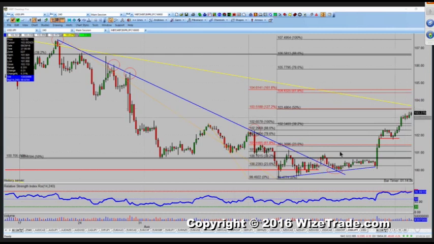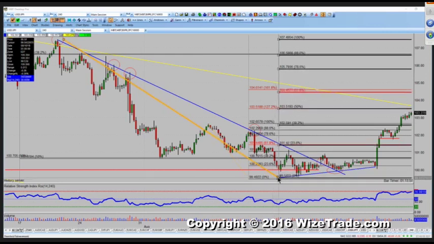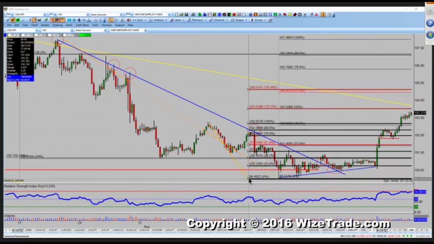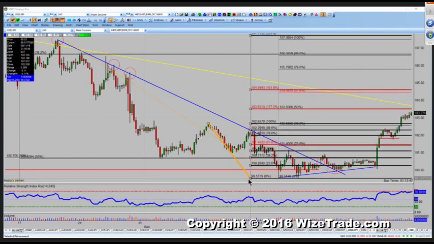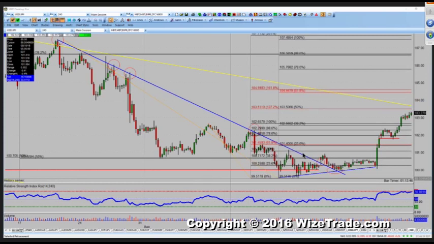Big confluence of resistance. So you have this big confluence of fibs right there. That's why I don't mind shorting on a move up there if we can get it. Again, support's going to be pretty well supported there.